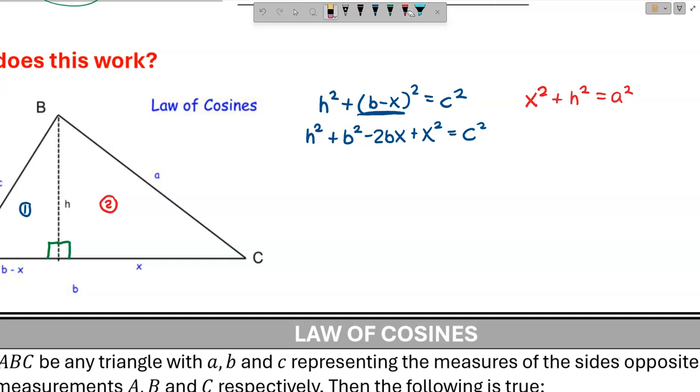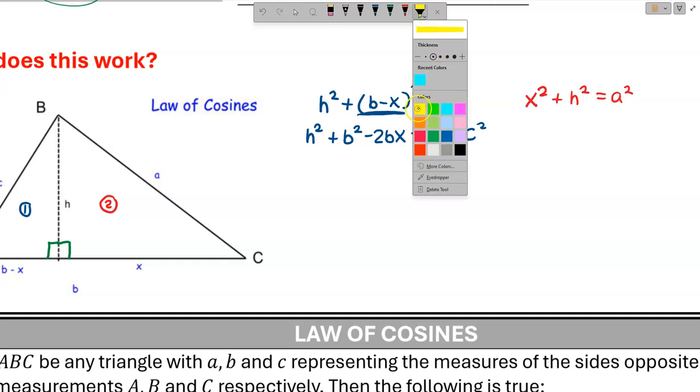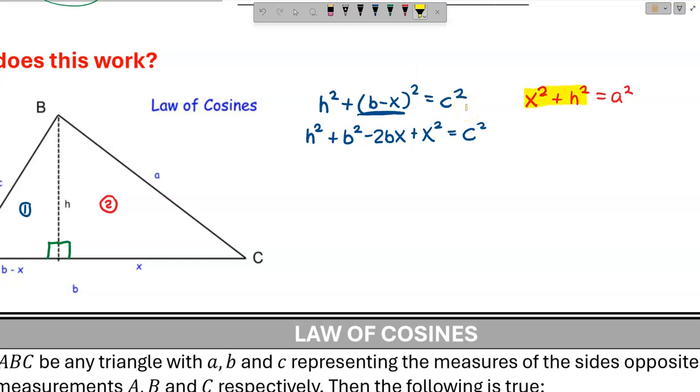As I mentioned, we want to merge these things together. If you look here, we have x squared plus h squared, and we know what that's equal to. I'm going to substitute this because my goal is to create an equation exclusively in terms of a's, b's, and c's. Basically, I want to get rid of all my x's. So in this situation, I can take those two things and instead write them to be equal to a squared.